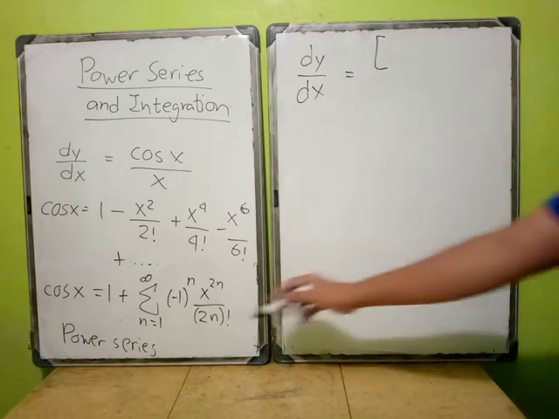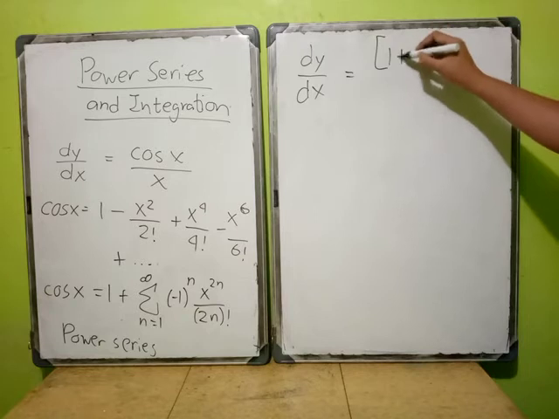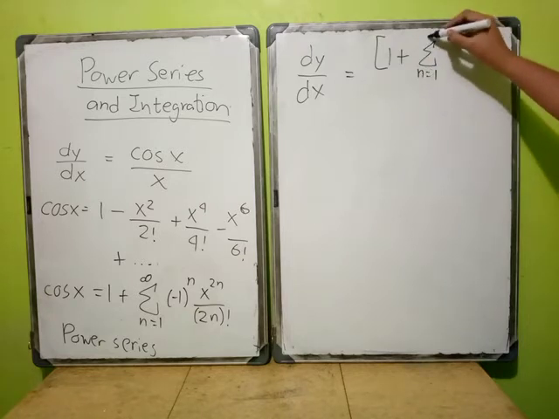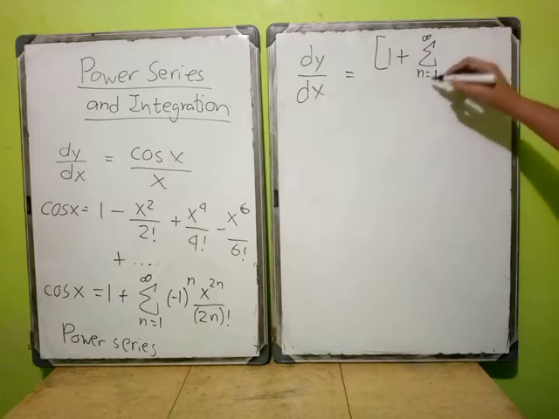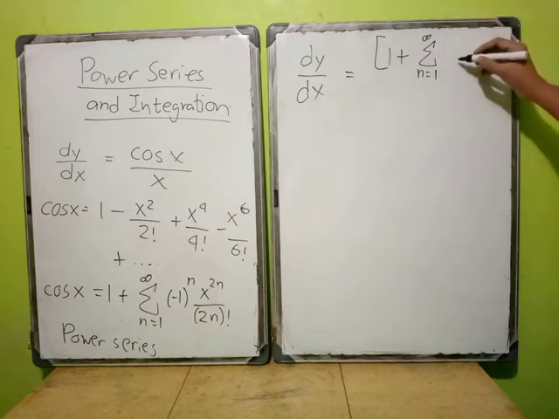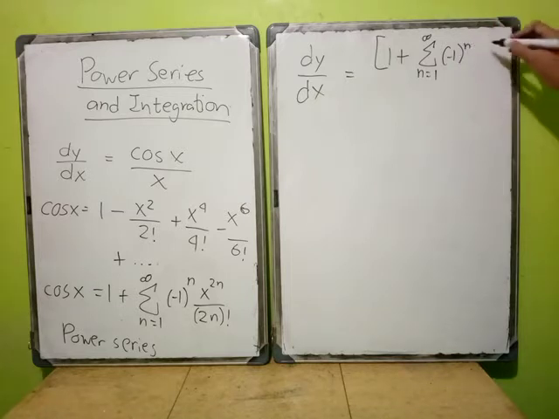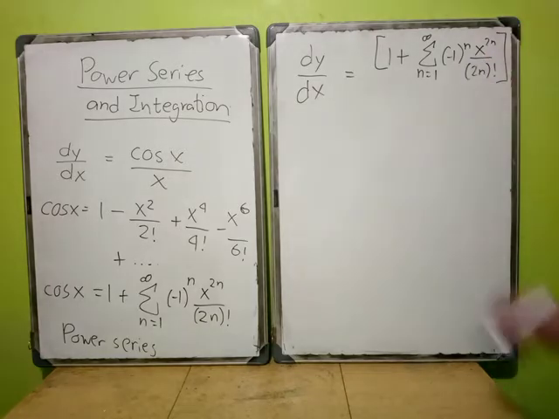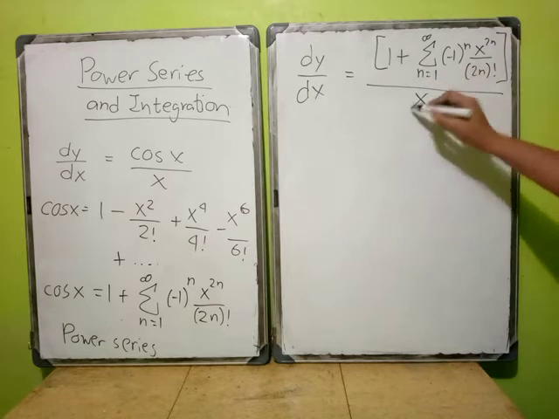Cosine x is equivalent to this, so we replace it: 1 plus the infinite sum, n equal to 1 up to infinity, of negative 1 to the n, x to the power of 2n over 2n factorial, then over x.